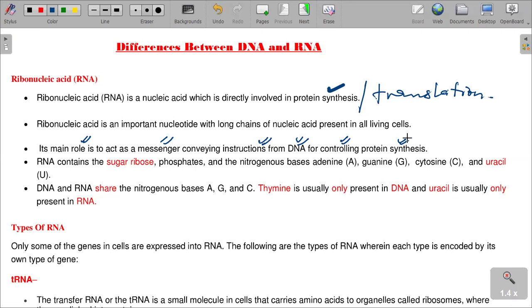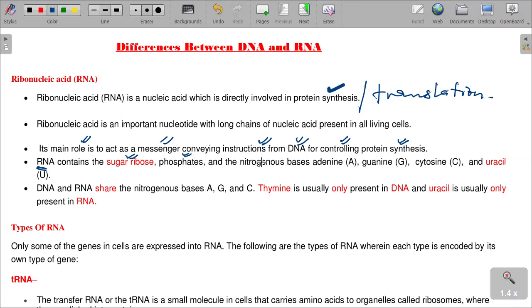So RNA contains ribose sugar, that I'm sure you know. Last time I did mention that DNA contains deoxyribose. So RNA contains ribose sugar. Of course, you have the phosphate.